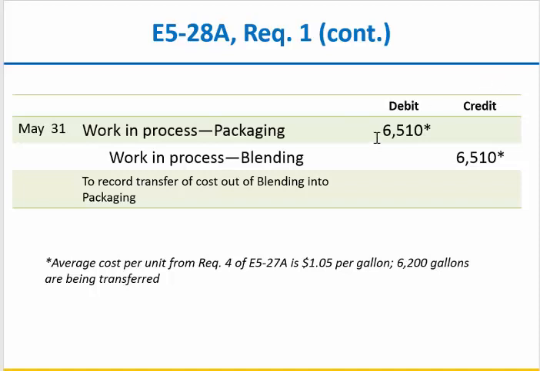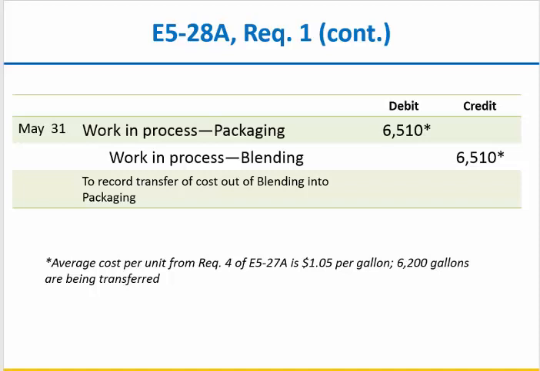That's why you see the debit to the packaging WIP, and you see the credit to the blending WIP in this amount, 6,510. So I would encourage you to go through the equivalent units and find out the unit cost, then assign the cost to the COGM and also to the ending balance in the WIP to figure out how I'm going to split this $8,292 into two parts. That's how you do it.